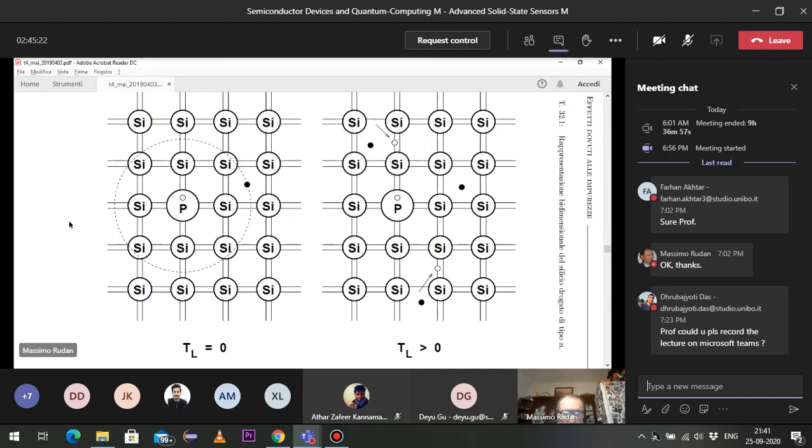Another important piece of information is that the concentration of the dopants is much, much smaller than the concentration of silicon. So we are not forming a chemical compound of phosphorus and silicon, okay?